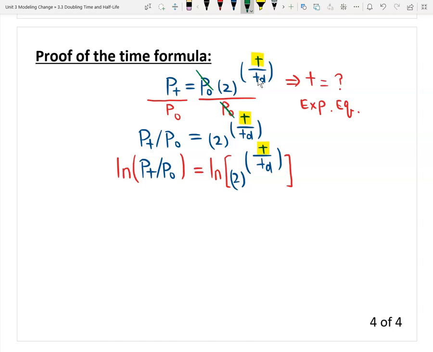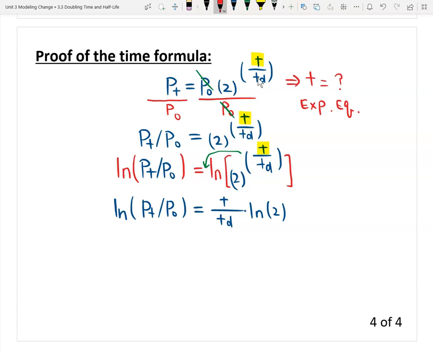For the logarithm, we do have a power rule. I can take this power down to simplify. So the left is ln of PT over P0, and the right, after taking the power down, is t over TD times ln of 2.